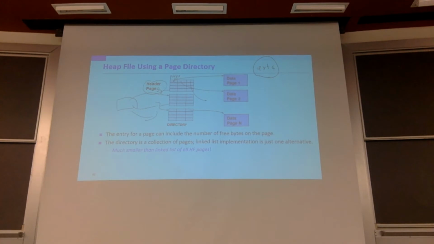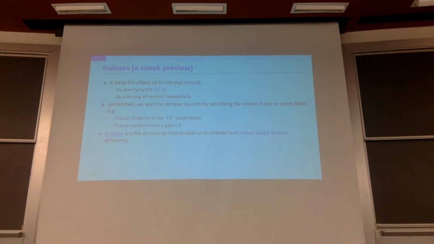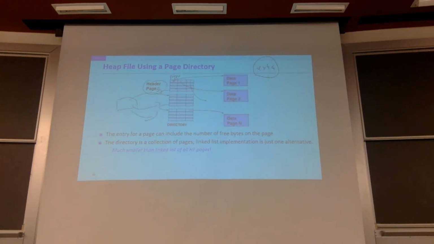Suppose you want to traverse to this page here. You only need to follow this link and this link and get this pointer here. Then this is just one I/O, and one I/O here. So that's going to be just 3 I/Os.